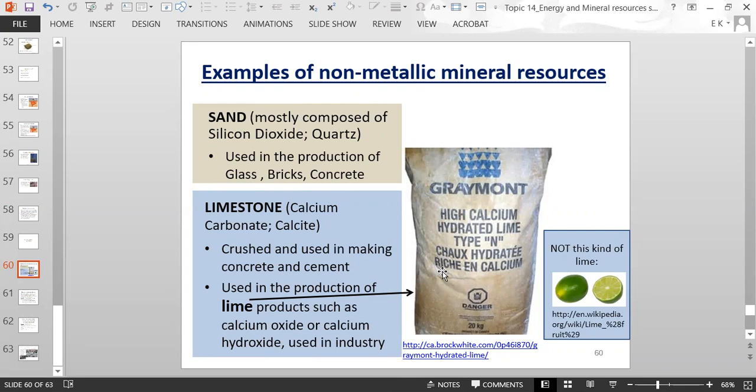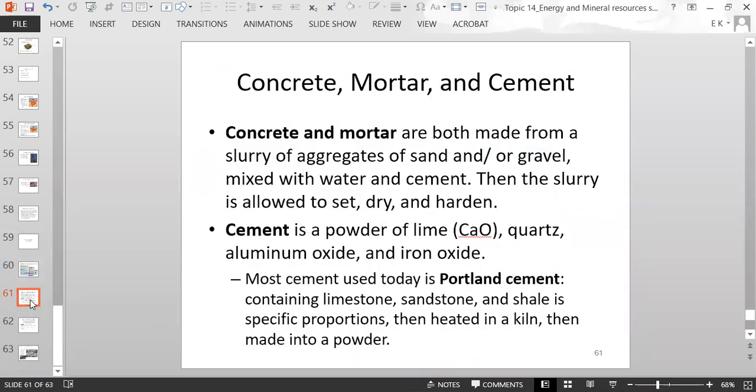You put lime down and that changes the acidity of the soil. So if the soil is too acidic, you put lime on it and it makes it less acidic. That's one example of how lime is used.